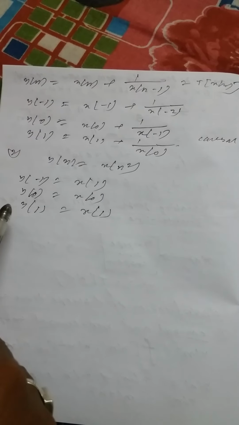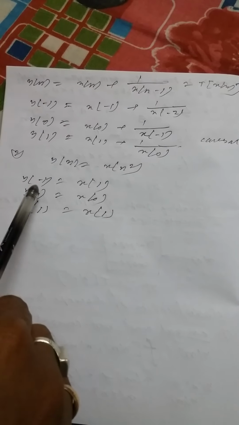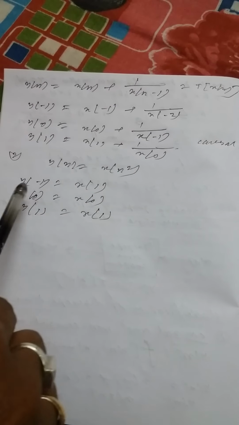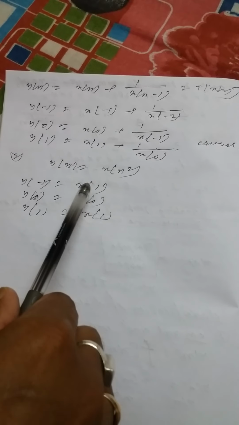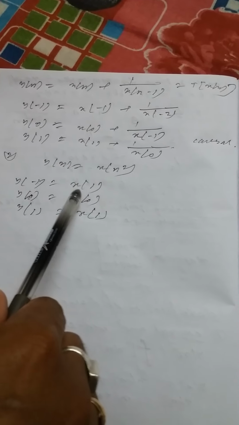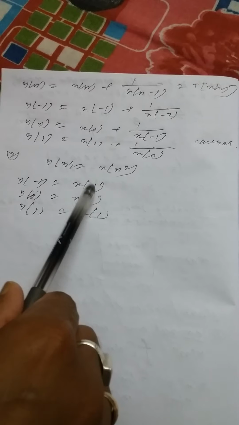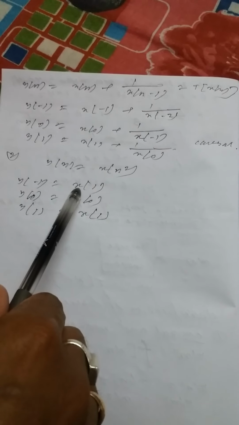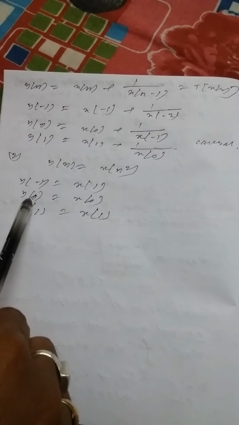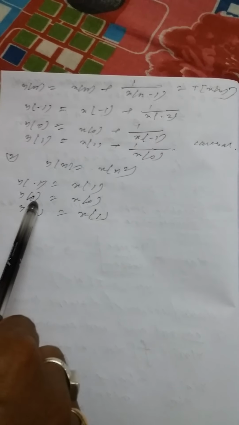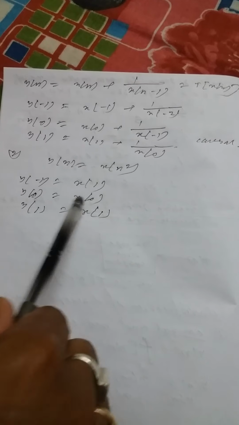So in case of y of minus 1, the output of the system depends on the future value of input, because here it is x of 1, so it is a future value of input. And in the other cases, when the value of n is 0, then y of 0 equal to x of 0, so it depends on the present input.